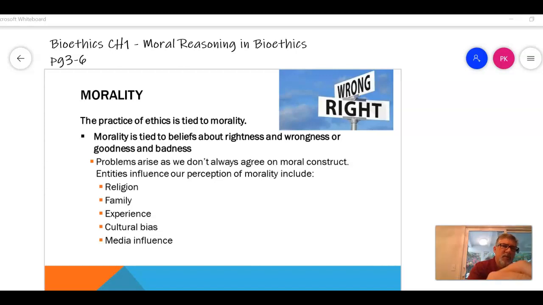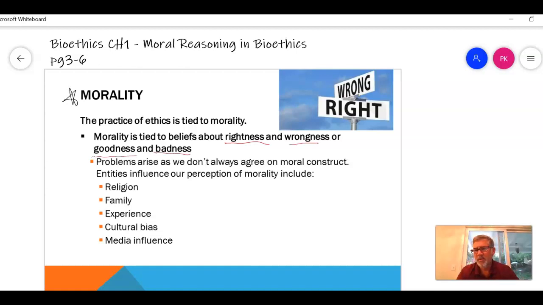So, morals and ethics. So, morality is tied to beliefs, right? So morality is something we feel personally, right? So it's our determination of rightness and wrongness, or goodness and badness.